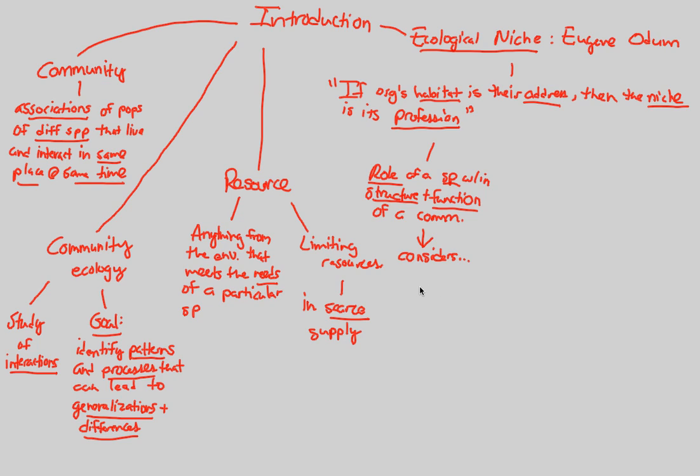It considers both the use of resources and also the interactions for those resources. So there's those resources again. Use of resources and interactions of those resources, all of which are going to contribute to the organism and its niche.